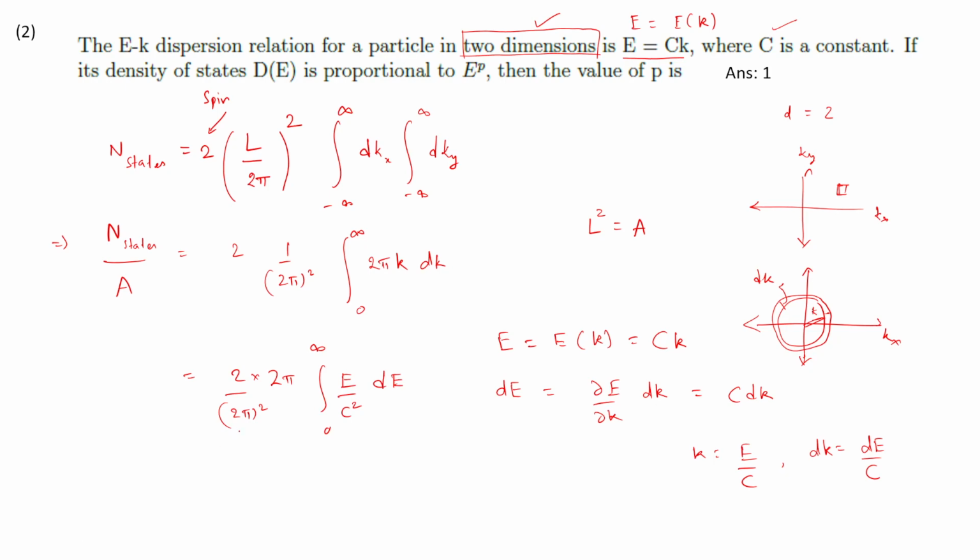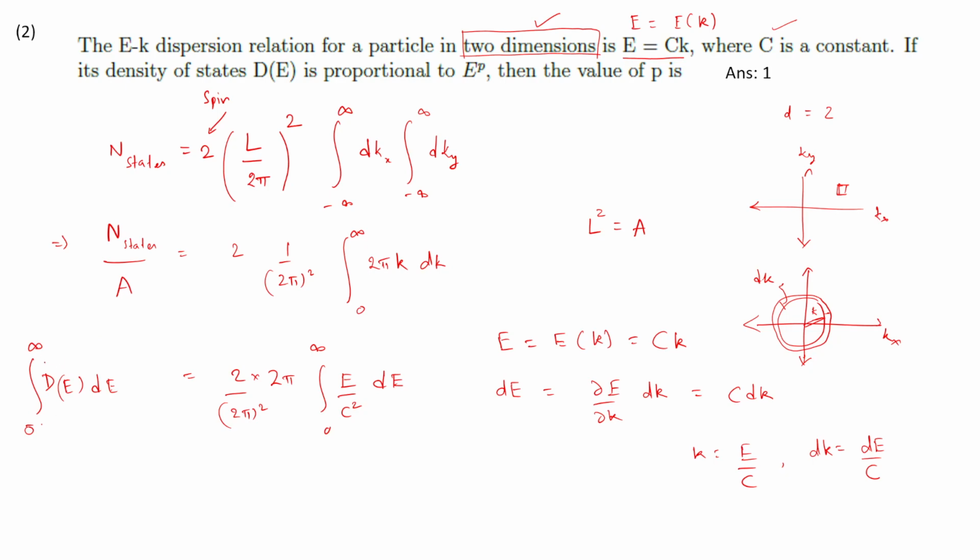Basically, the density of states is defined like this, from 0 to infinity. Any density of states will be the number of states per unit area, or if it is 3D, the number of states per unit volume.